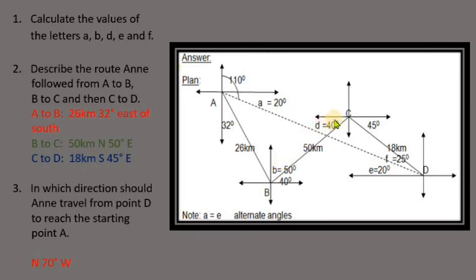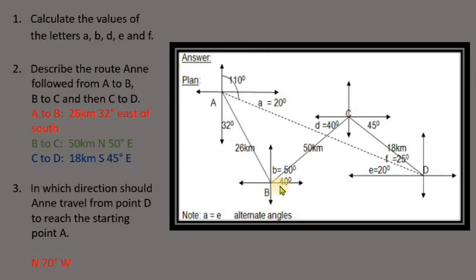At D, this one, now alternate angles means that they make a Z. So we have two parallel lines, that one and this one, they are parallel to each other. And if the angles can make a Z, then we know that these interior angles must be equal to one another.